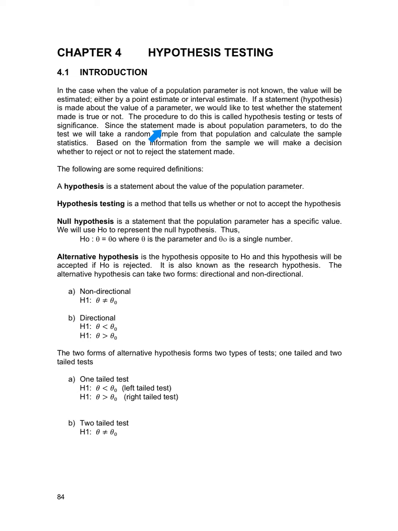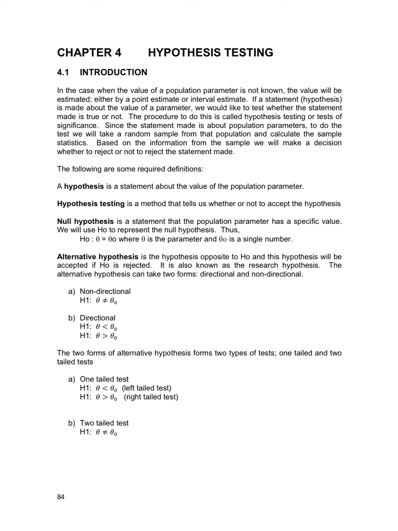Since the statement made is about a population parameter, to do the test, we will take a random sample from that population and calculate the sample statistics. Based on the information from the sample, we will make a decision whether to reject or not to reject the statement made.